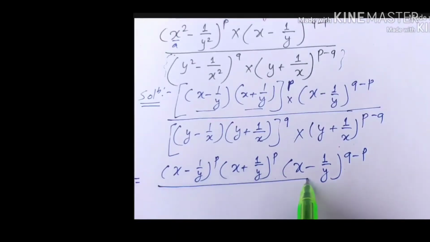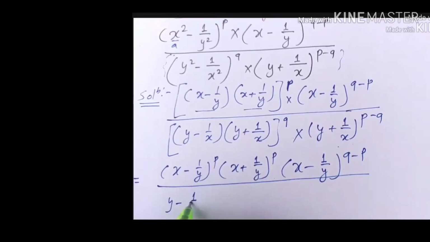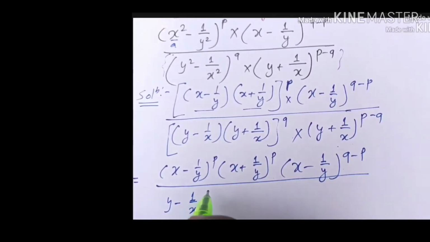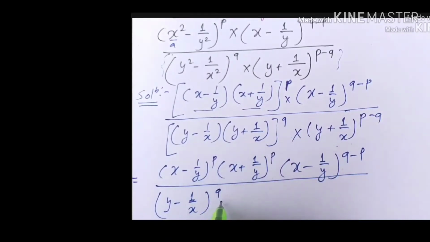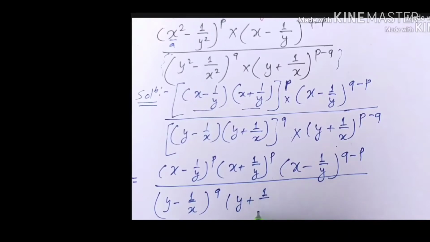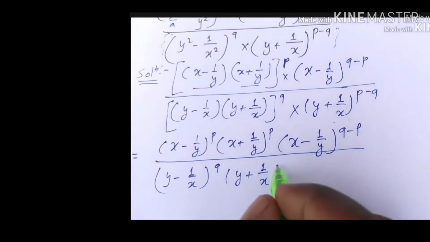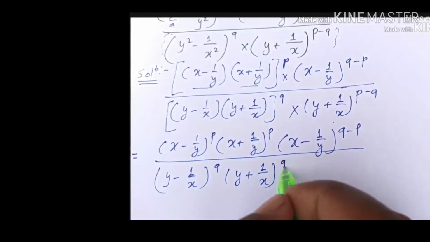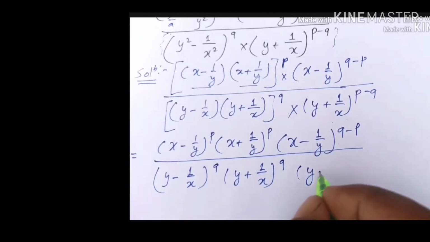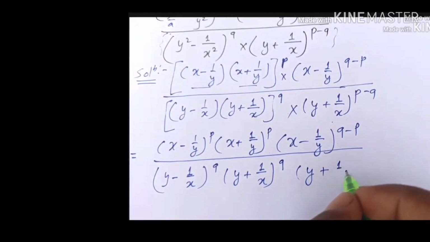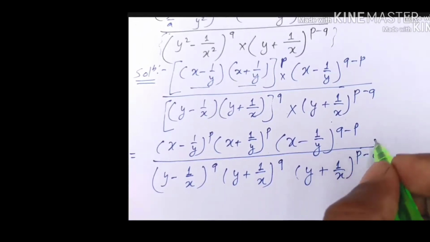And just below this term you can write similarly (y − 1/x)^q (y + 1/x)^q, and this term is (y + 1/x)^(p − q).